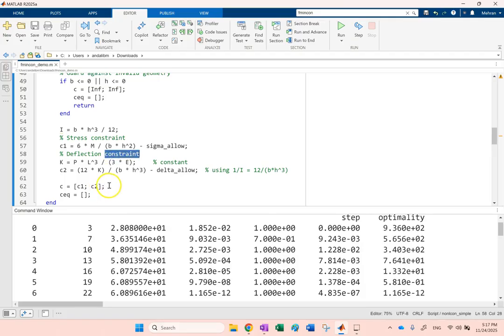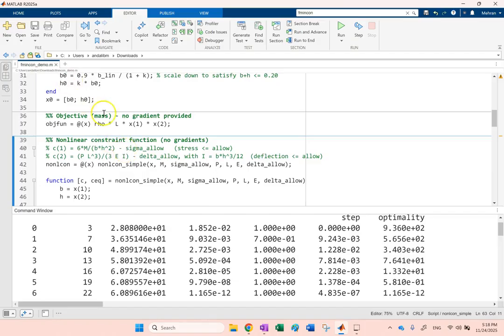And then since you have two of them, you're going to merge them into one single C. So the C has C1 and C2 functions in it. Now, in this case, there is no nonlinear equality between B and H. So you leave it as what? You leave it as empty. If there was anything, you have to define it here. But since there is none, you just call it empty. The same goes for anything else.